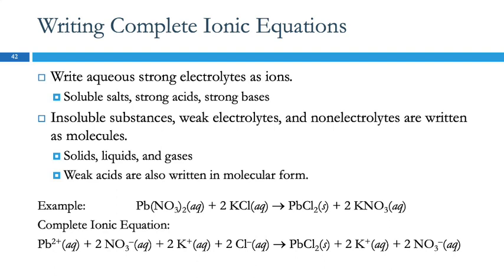So the book hasn't told you what the strong acids are yet. It told you what a strong acid is, but not which acids are strong. And so here are the strong acids. There's 6 of them.